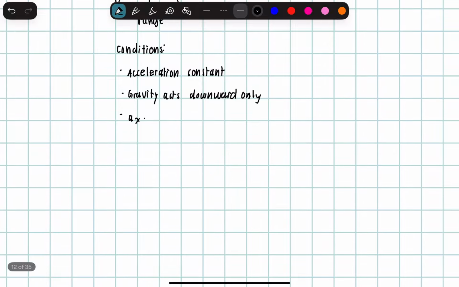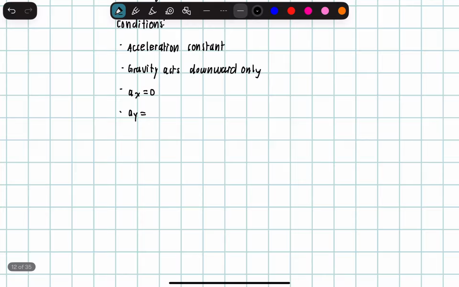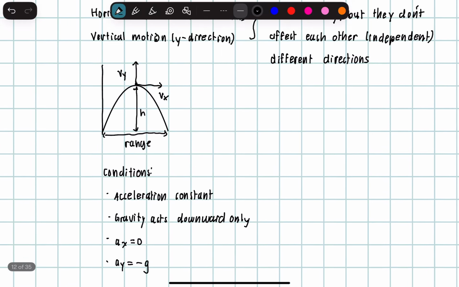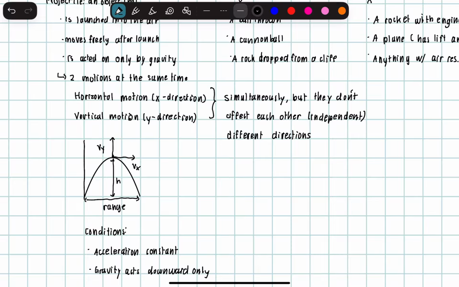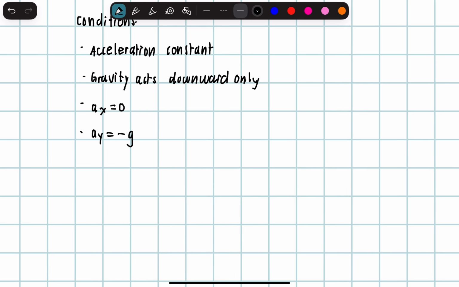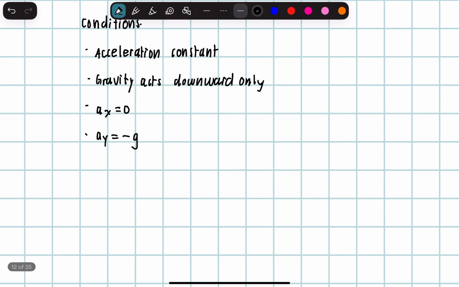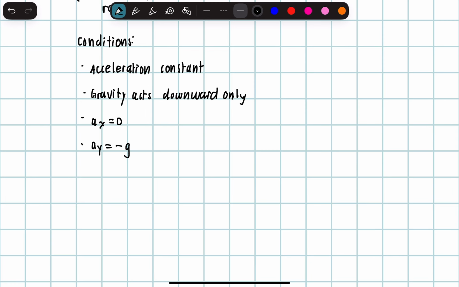In addition, your acceleration in the horizontal direction is going to be equal to 0, and your vertical acceleration is going to be equal to -g. Again, our only force is gravity. So that is why you say a_x horizontal is going to be 0 and a_y is going to be negative g.